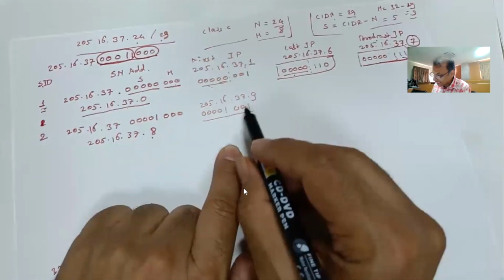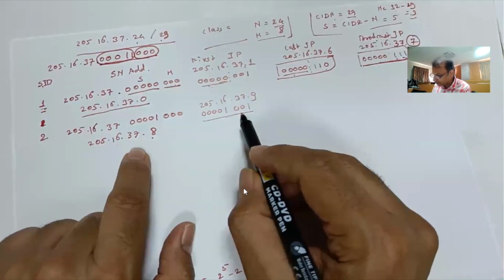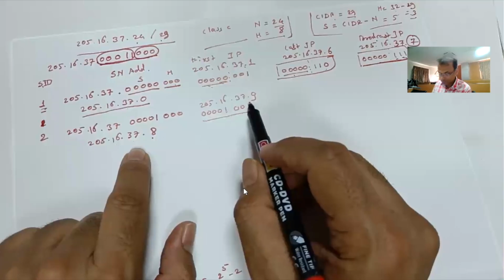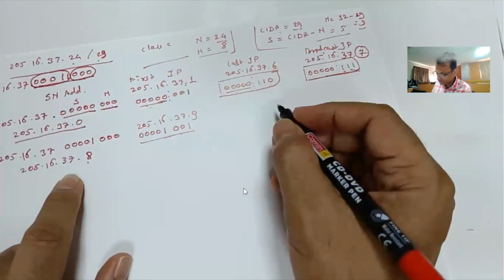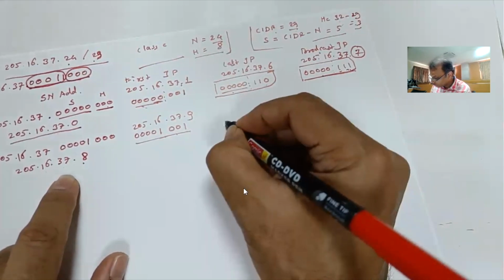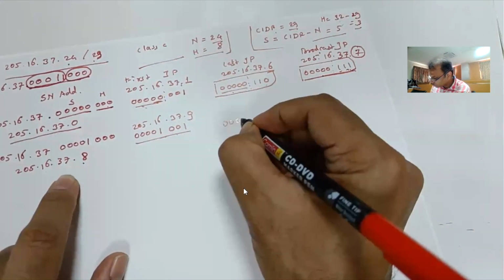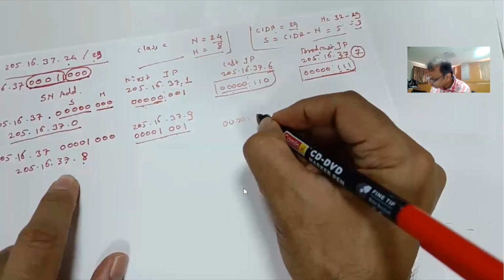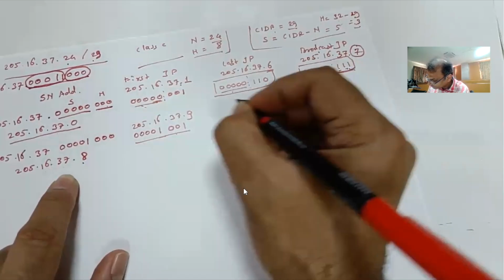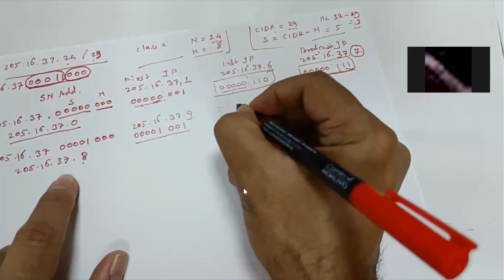So my first IP in this network will be 205.16.37.9. What is my last IP? 0.0.0.1.1.1.0, and that will be 14.